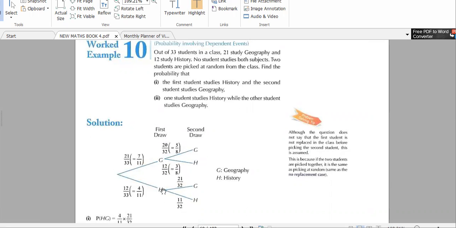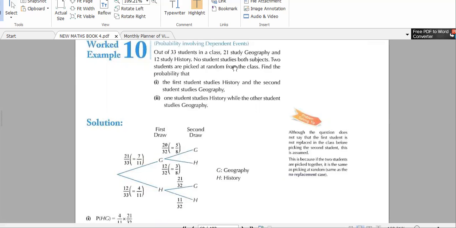Similarly, for the first row, if the second student is chosen, then another branch will be formed on this tree diagram, G and H. If the first one is a student who studies history, then the second student might study geography or history. So there are two branches for this tree diagram.